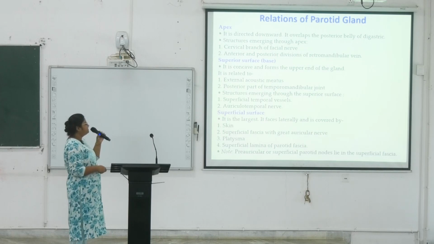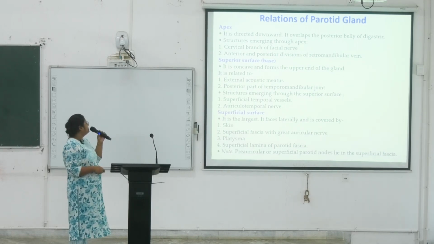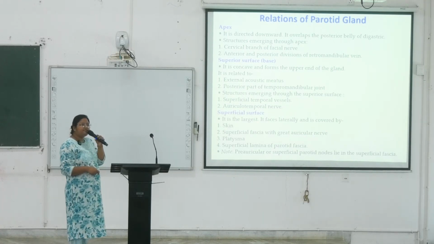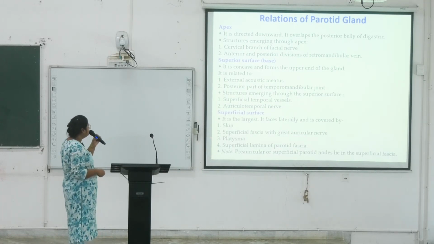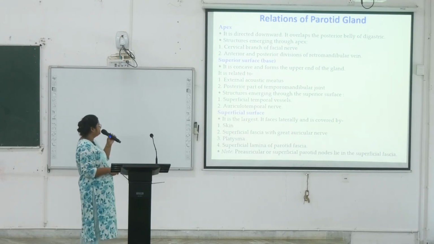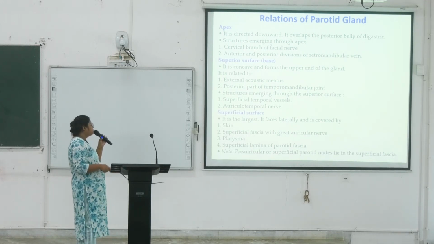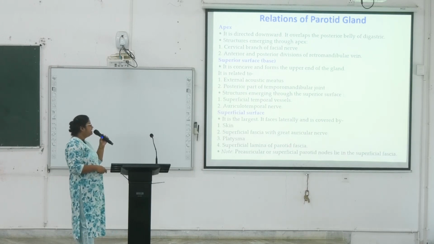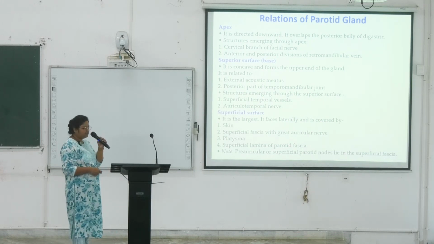Then the superficial surface, it is the largest. It is laterally covered by thin superficial fascia with the great auricular nerve, platysma, superficial lamina of the parotid fascia. Preauricular or superficial parotid nodes lie in this superficial fascia.